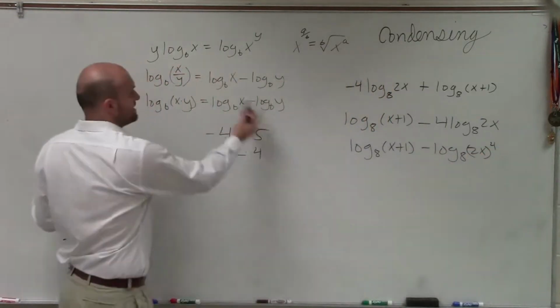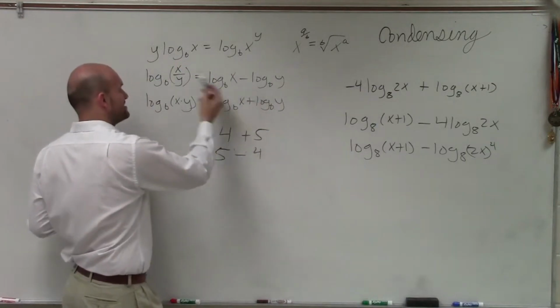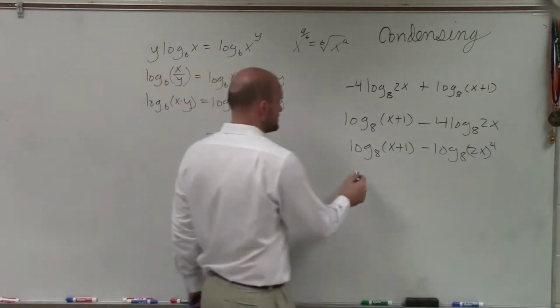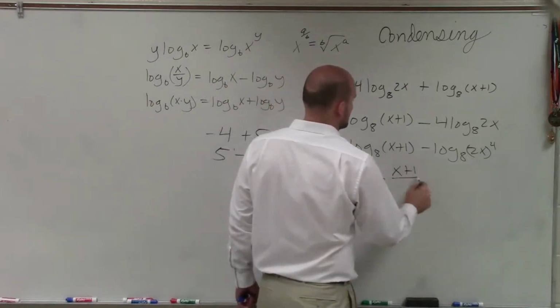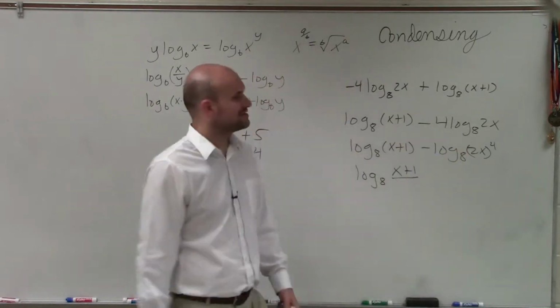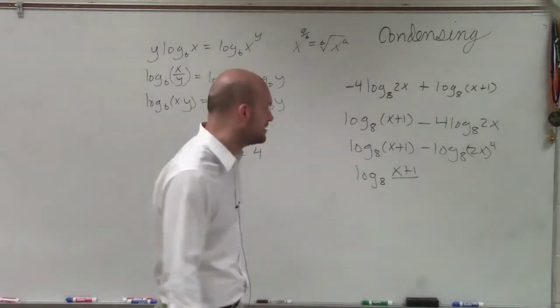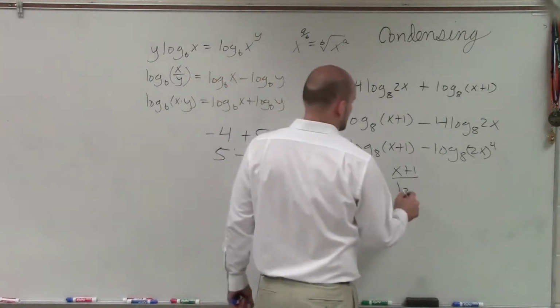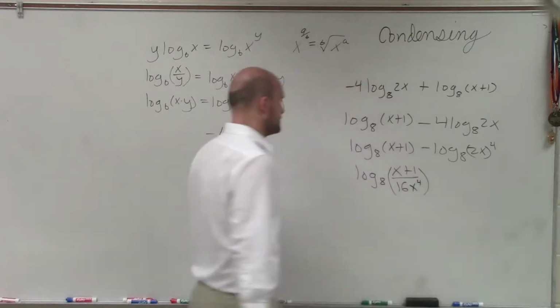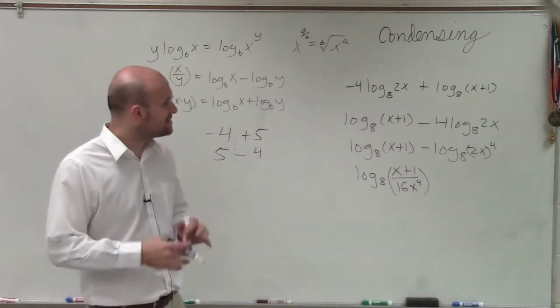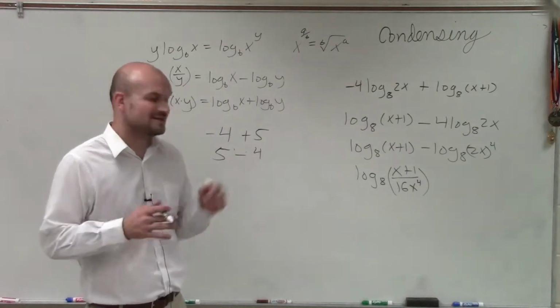Now I have the difference of 2 logarithms with the same base. I can rewrite now as the quotient in one single logarithm. So therefore, it's going to be x plus 1 divided by, now I can rewrite 2x raised to the 4th as 16x to the 4th. So there you go, ladies and gentlemen. That is how you simplify your logarithm to one single quantity.